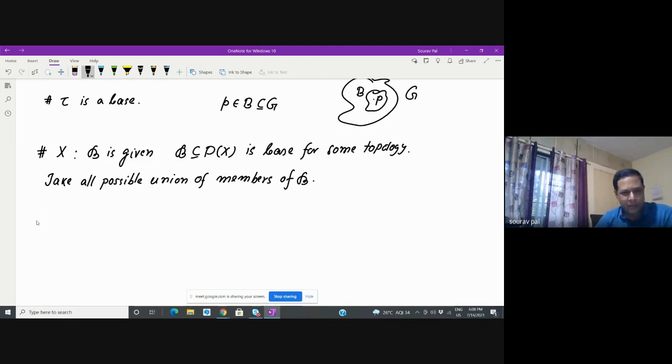Okay. So if we look at the real line with the Euclidean topology, what can you say about its base?